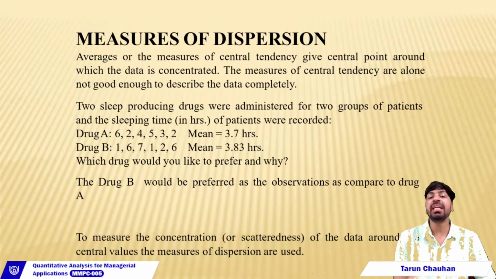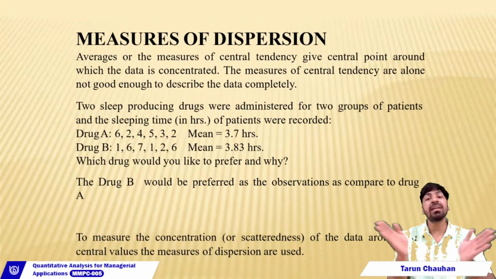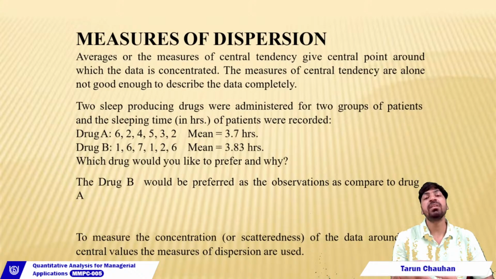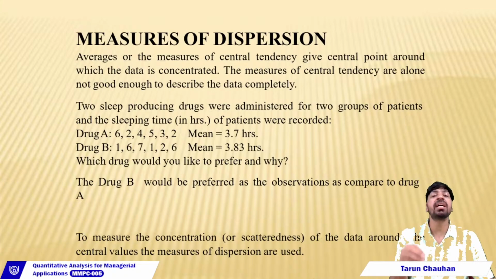Using the mean and median in the measures of dispersion, the variability, the changes in the data set are found out, which always gives the central value or point around which the data is concentrated.